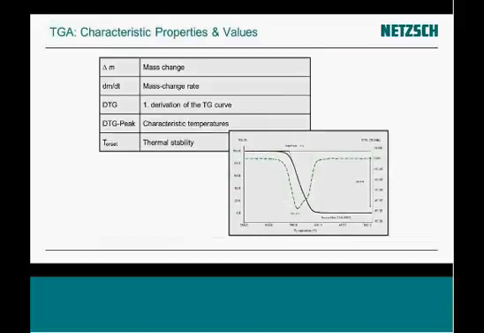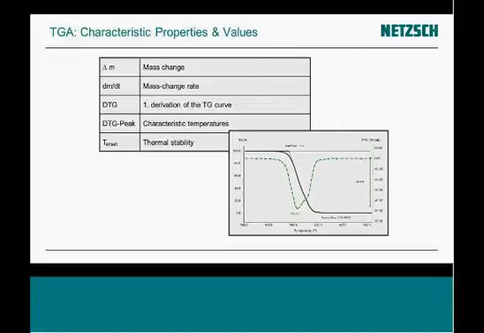And here are the characteristic properties and values for TGA. From a typical TGA curve, you can get the mass change. And from the DTG curve, you can get the mass change rate, which is a derivative of the TG curve.